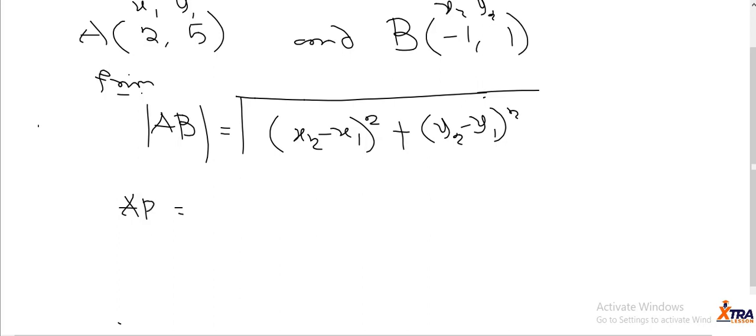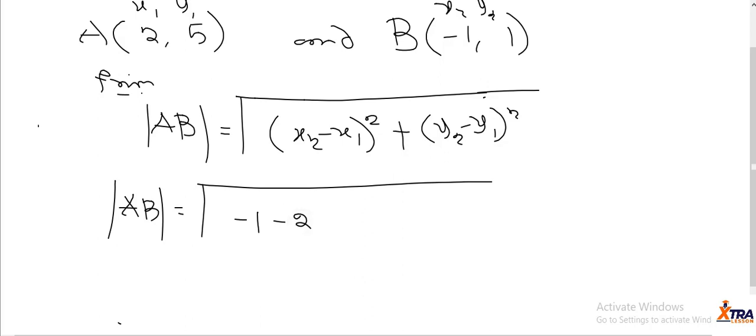So you have distance AB equals the square root of (x2, which is minus 1, minus x1, which is 2) to the power of 2, plus (y2, which is 1, minus 5, which is y1) to the power of 2.